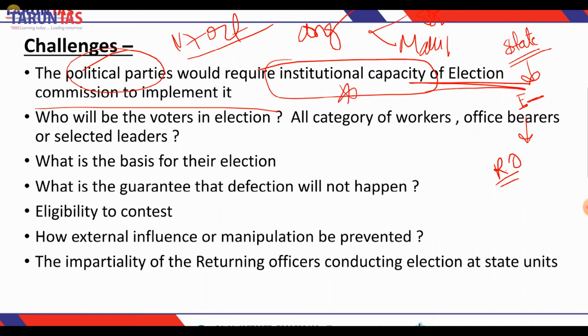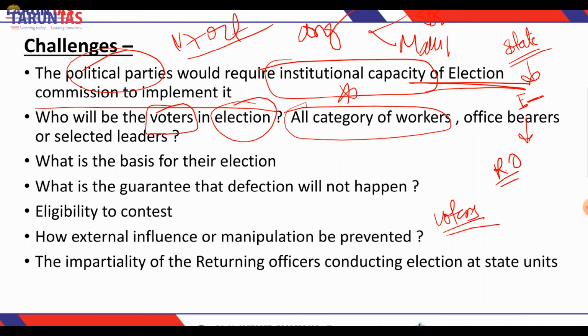The writer also points towards the procedure of the election. The first point is the voters: who will be voting in the election? Is it all categories of workers? If all categories of workers are to vote, how are we going to ensure that these are genuine workers voting? So you can connect this to the first point of lack of institutional capacity.